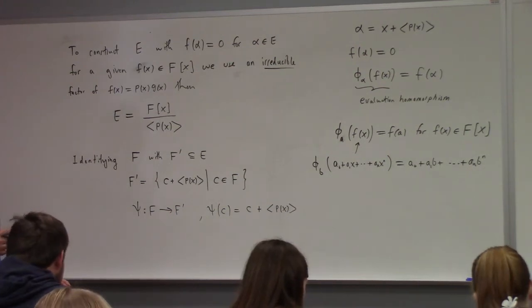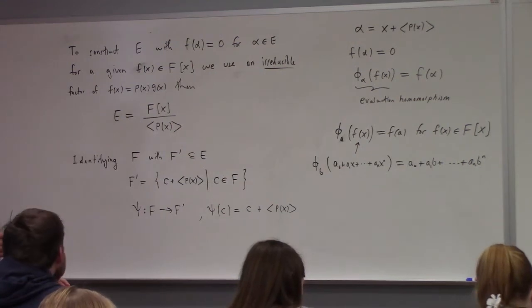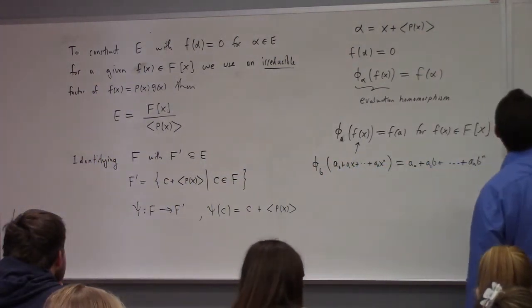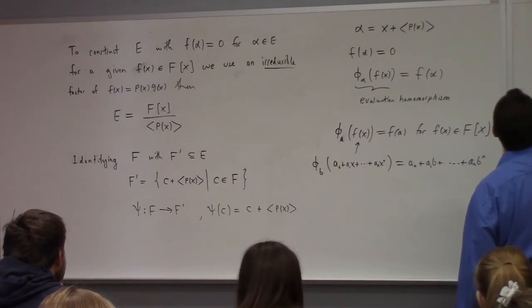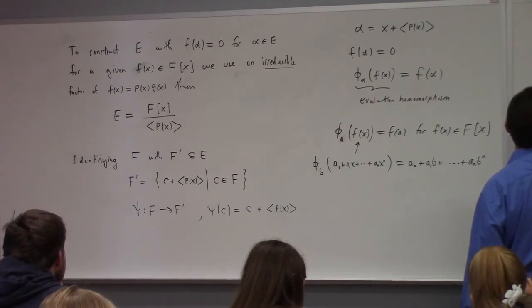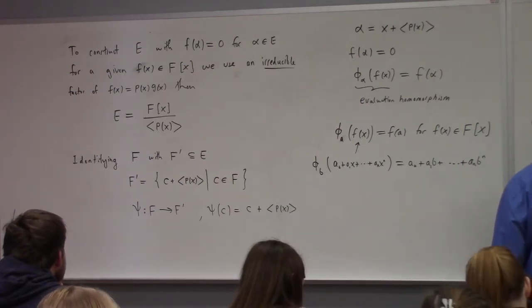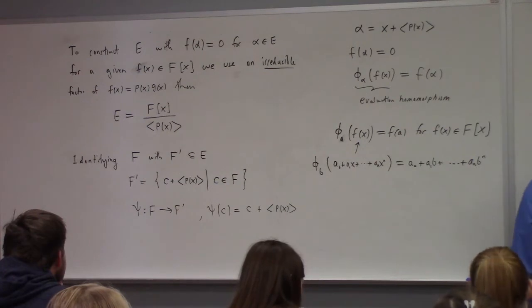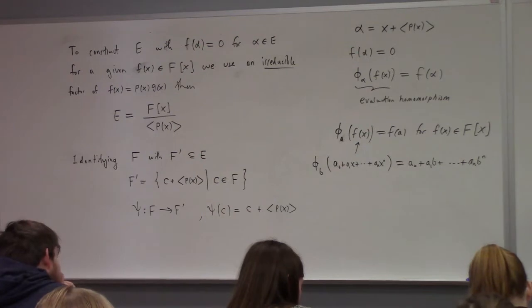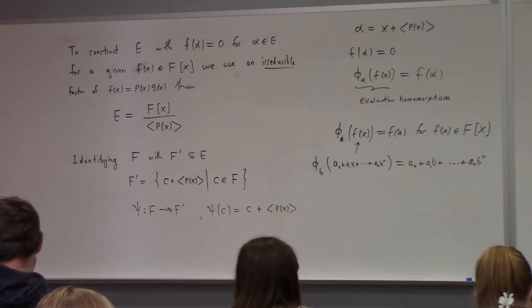But when I looked at the evaluation of the polynomial at alpha last time, I looked at phi alpha of a0 plus a1x plus anx to the n, and said that's a0 plus a1 alpha plus an alpha to the n.